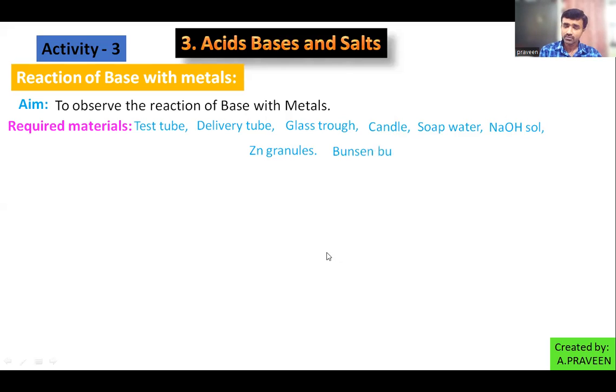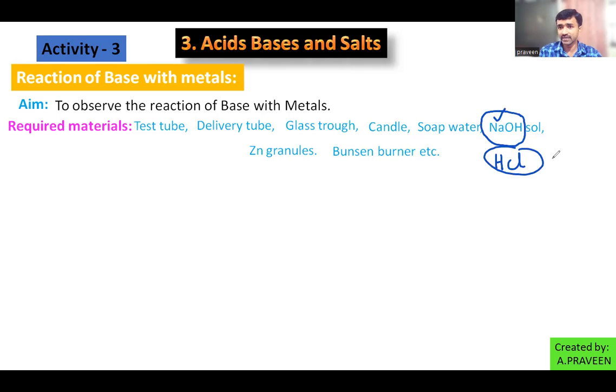Now for the procedure, I require a Bunsen burner. Why, sir? Why did you not take it in the previous activity, and especially take it in this one? Have you seen the difference between the base and acid here? Base is NaOH, acid is HCl, right? What is the difference in this? Here, I have a metal.